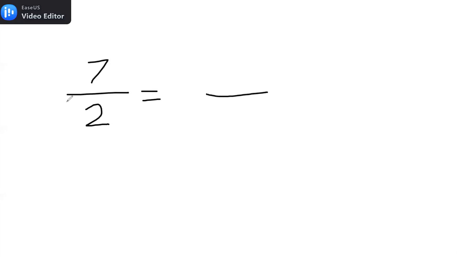Again, the denominator 2 will be the same. In the previous examples, we multiplied. What is the opposite of multiplication?